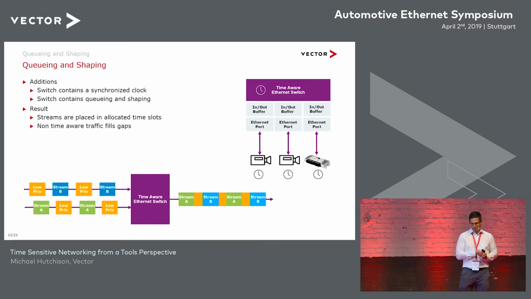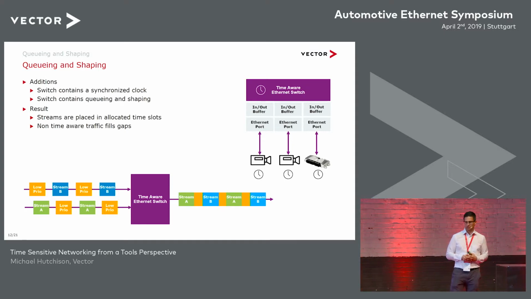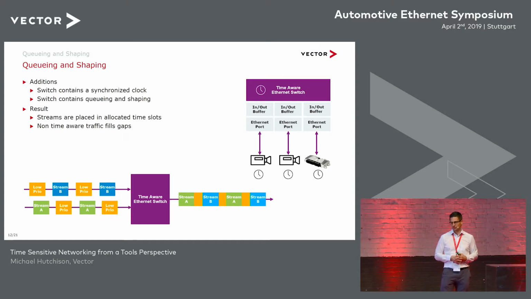When you add queuing and shaping to a network, what you're adding is time awareness in the switch. So the switch now needs to be aware of time as well. It may have a slave clock. It does not necessarily need to be the master clock. And the switch will implement some form of queuing and shaping. That could be as simple as a VLAN priority or as complex as a credit-based or time-aware shaper, depending on the application.